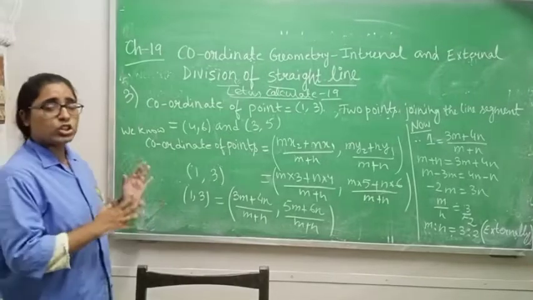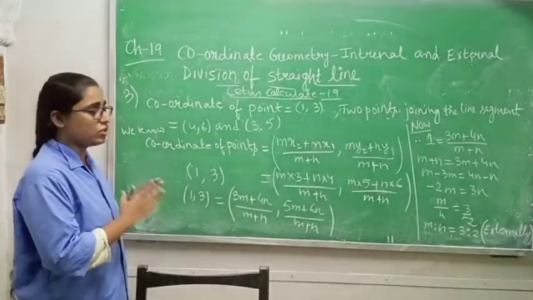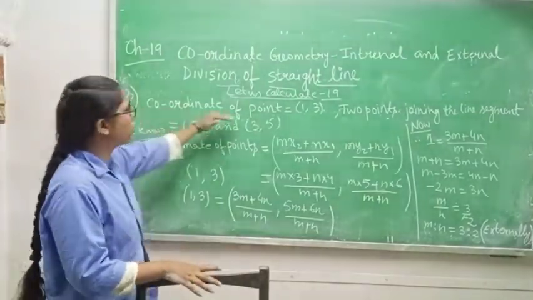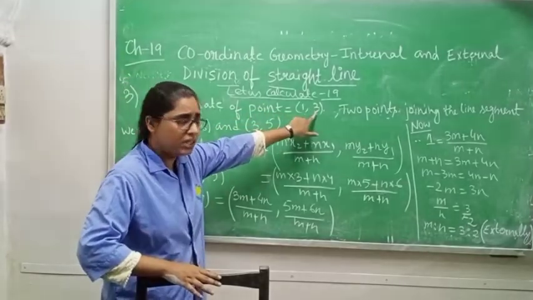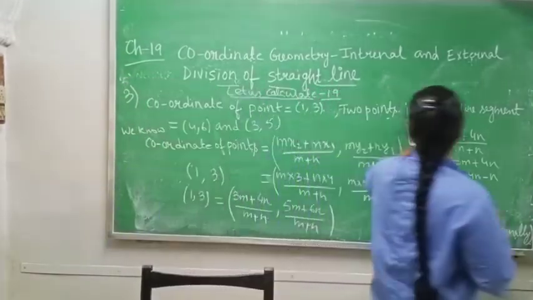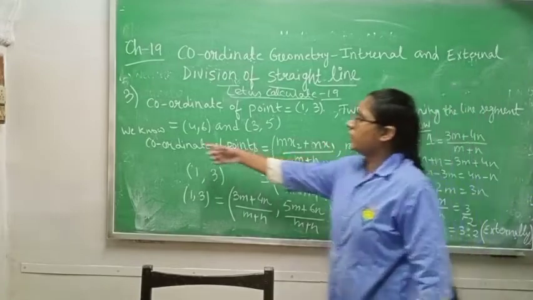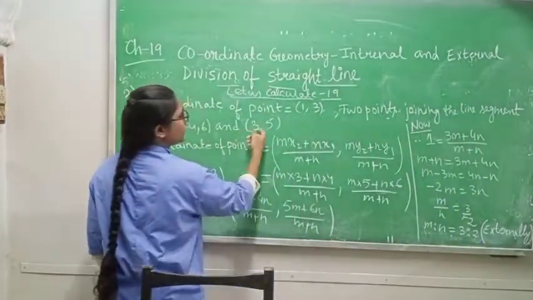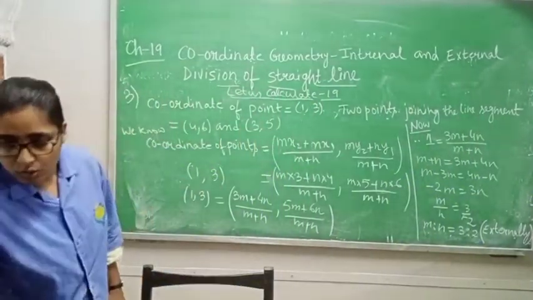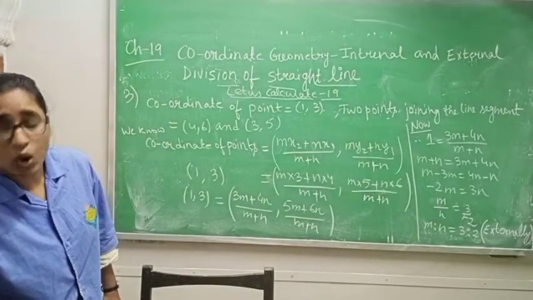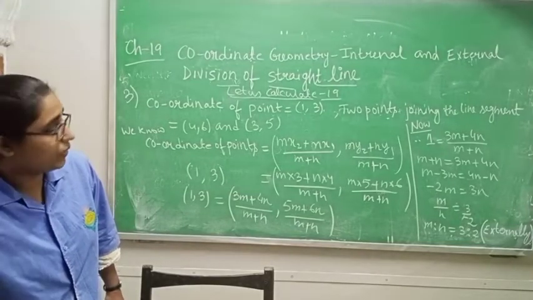I have done it already on the board, so I am explaining, concentrate here. The coordinate of the point is (1, 3) and the two points joining the line segment are (4, 6) and (3, 5). Two points are given to you and the coordinate of the point is given to you.